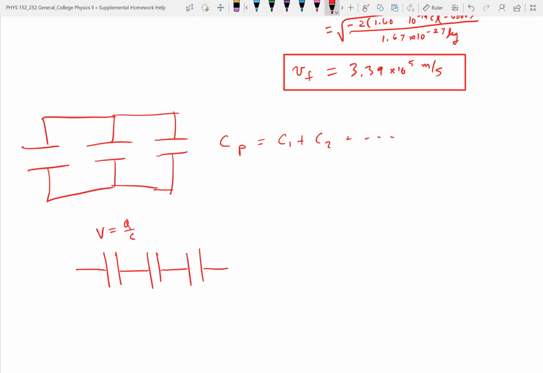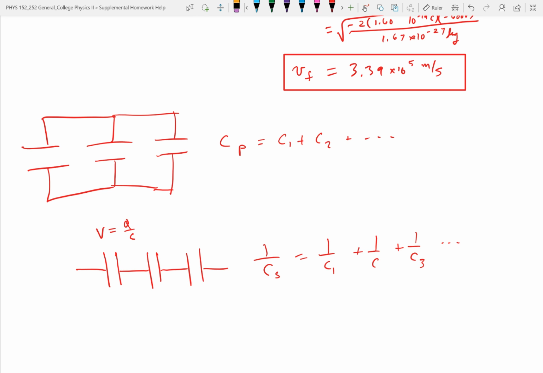Getting that bigger voltage for the same charge is decreasing the capacitance. And so it turns out that 1 over C series is equal to 1 over C1 plus 1 over C2 plus 1 over C3, etc.